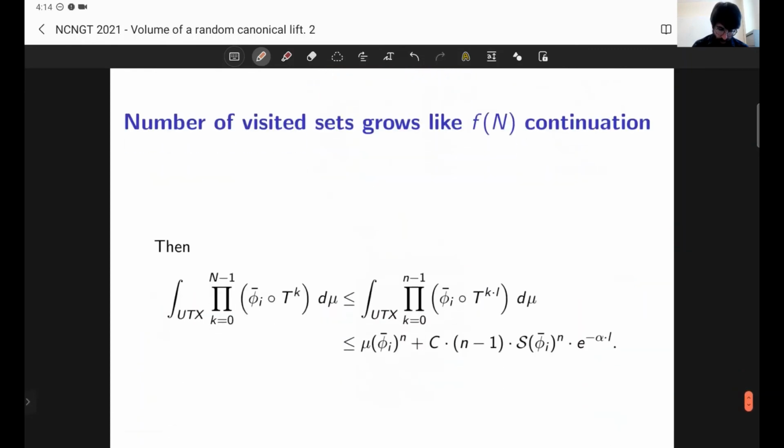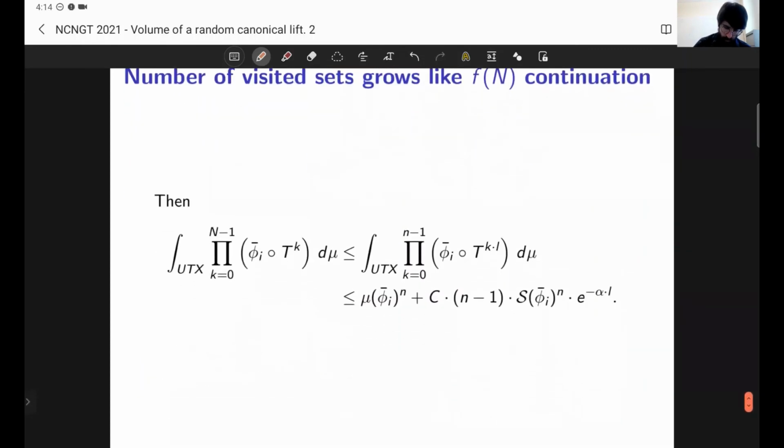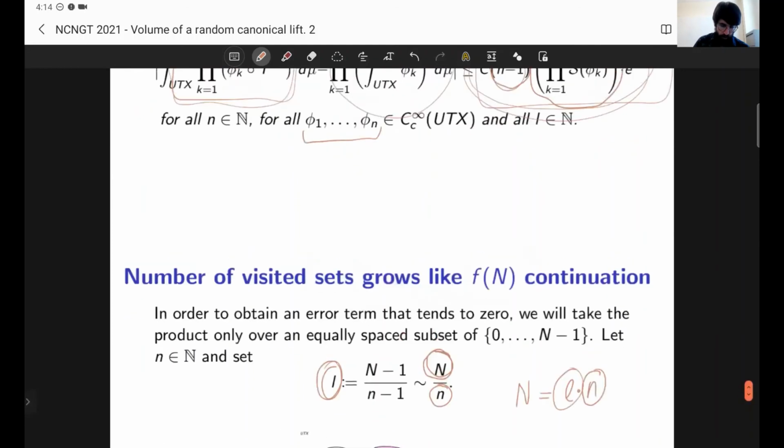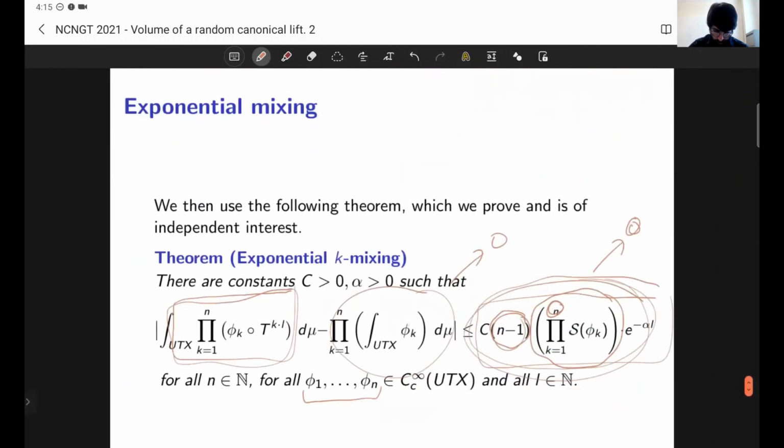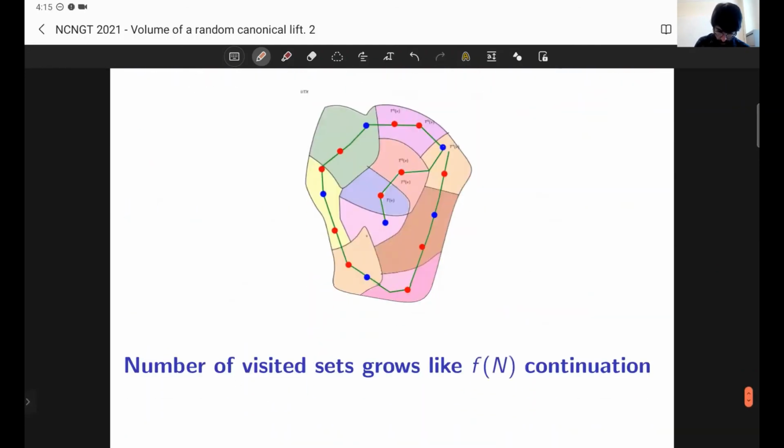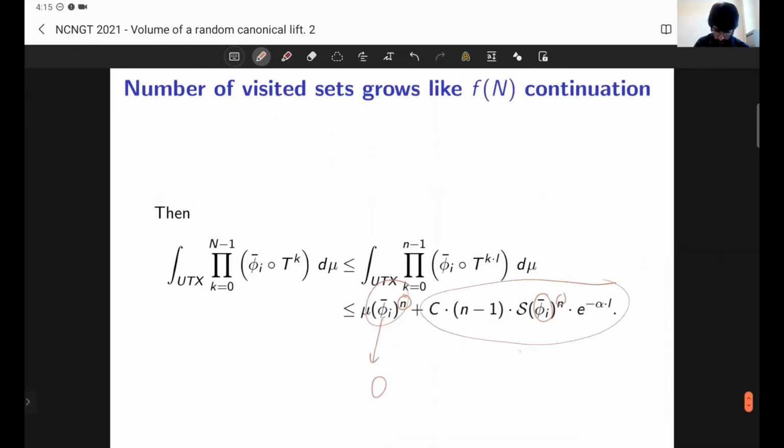But then the point is that by using these approximations and by then seeing what are the necessary conditions that we need to impose on this n and on these approximations in order for this term to go to 0, this term corresponds to the integral of the bump functions, and this other term to go to 0, this term corresponds to the error term in the mixing theorem.